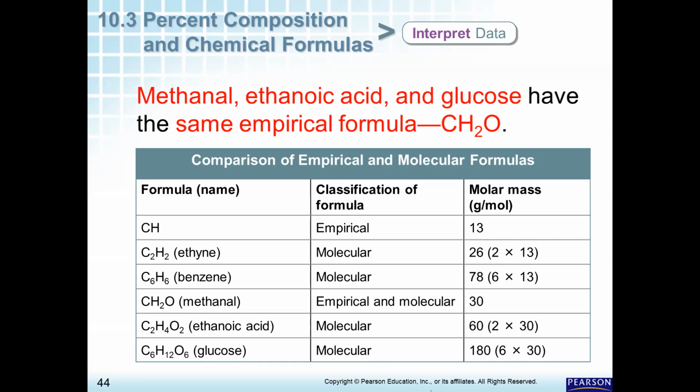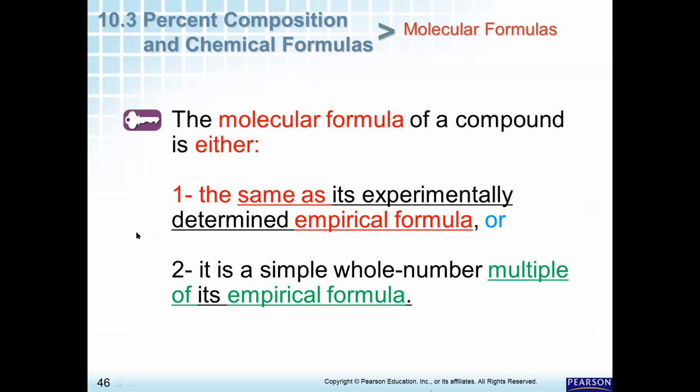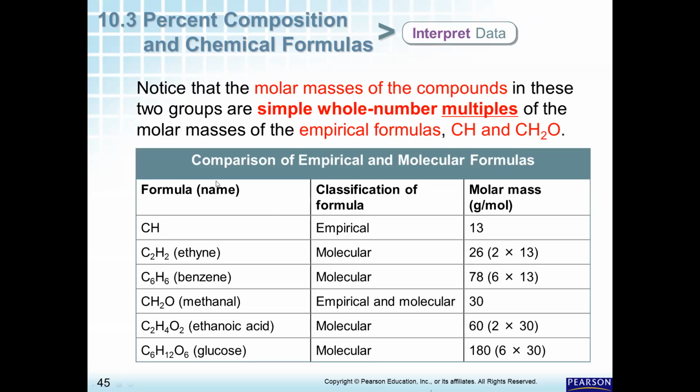That's number one. You calculate what we call the empirical formula mass, EFM, and that is 13. Then if I'm telling you that the molar mass is 26, you divide 26 by 13, that is 2. So you need to multiply this by 2. If you multiply this by 2, you're going to get C2H2, right? Is that clear?